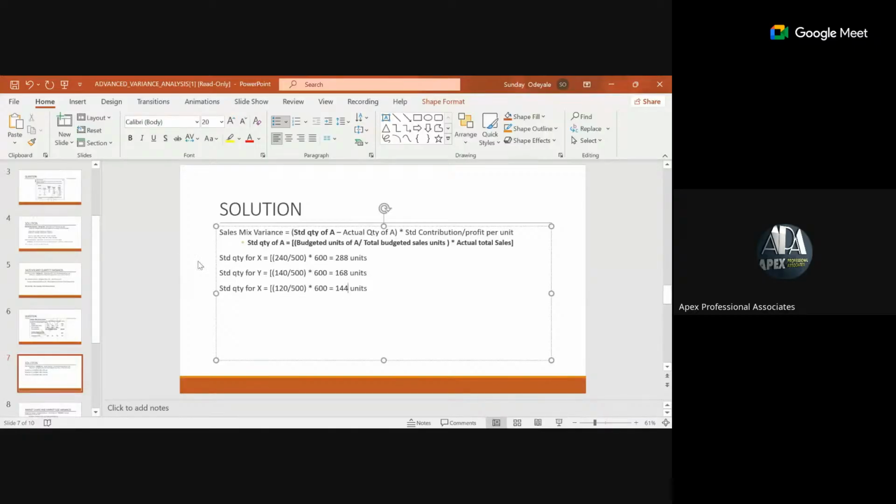We've gotten this. Then we can now go ahead and calculate the mix variance, starting with X. We said our standard quantity minus the actual quantity.